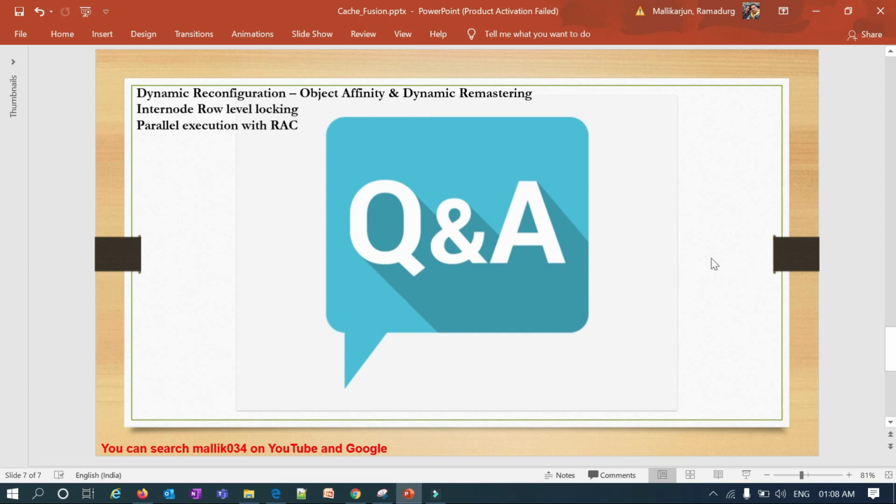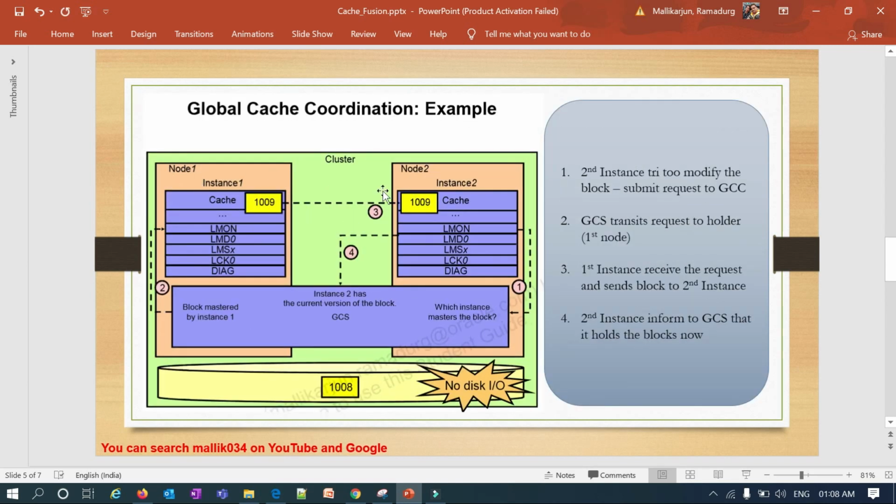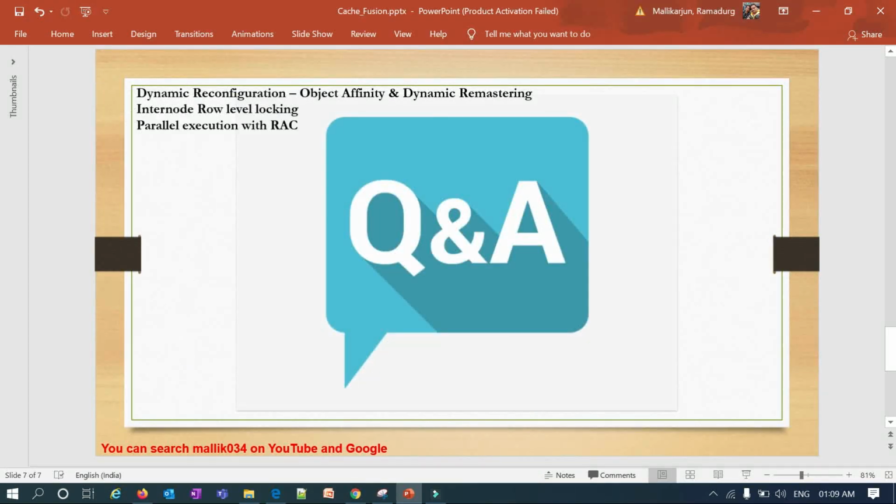I hope it was informative. There are a few more topics, like dynamic reconfiguration: as I said, one node is going to be the master, and in case that node goes down, how remastering happens, and how the master is transferred from one node to another. Also internode row level locking, how parallel execution works in the RAC environment, and a new concept, split brain syndrome.